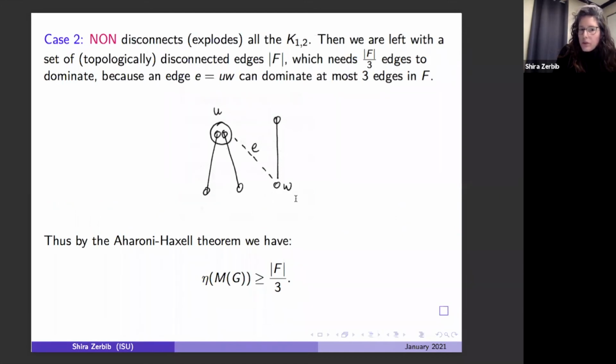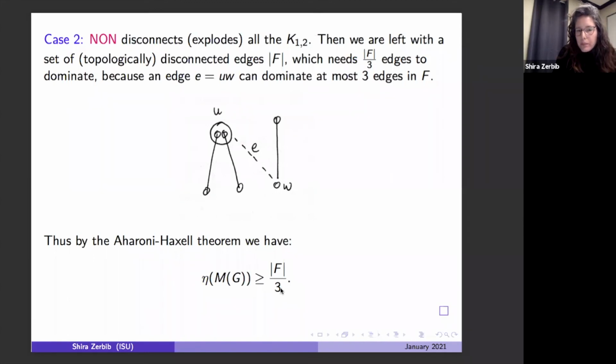And as we saw before, it needs at least 1/3 of the size of F edges to dominate, because an edge E can dominate at most 3 edges in F. So by the other Aharoni-Axelrod theorem, we have that in this case, eta is at least F over 3, and we are done. Okay, so this is the part of the proof where we use the Meshulam game.